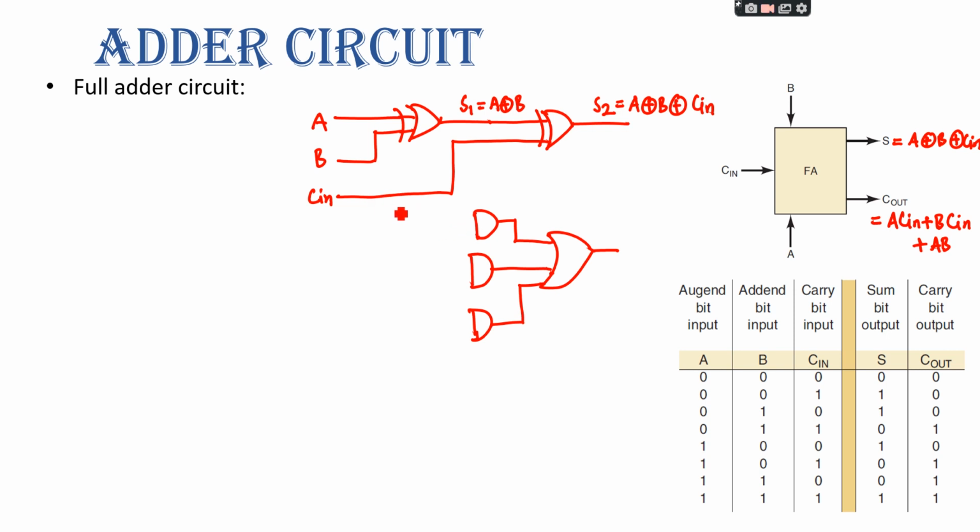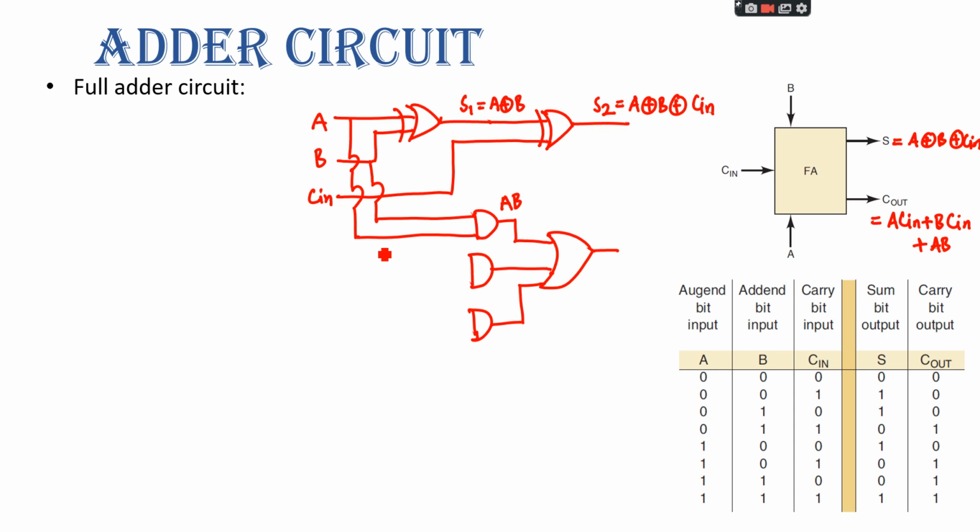The input of the first AND gate would be from A and B. So we are taking B from here and A from here, so the output of the AND gate would be AB.